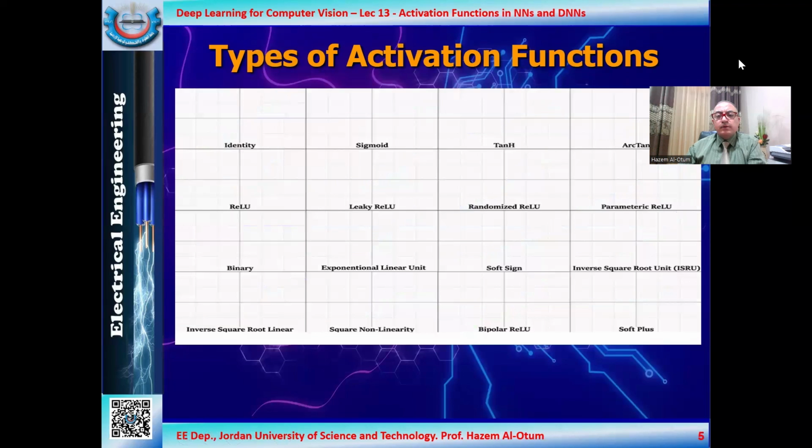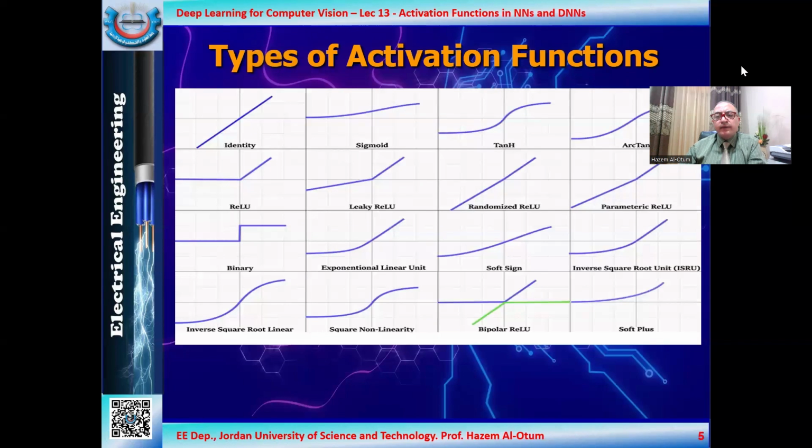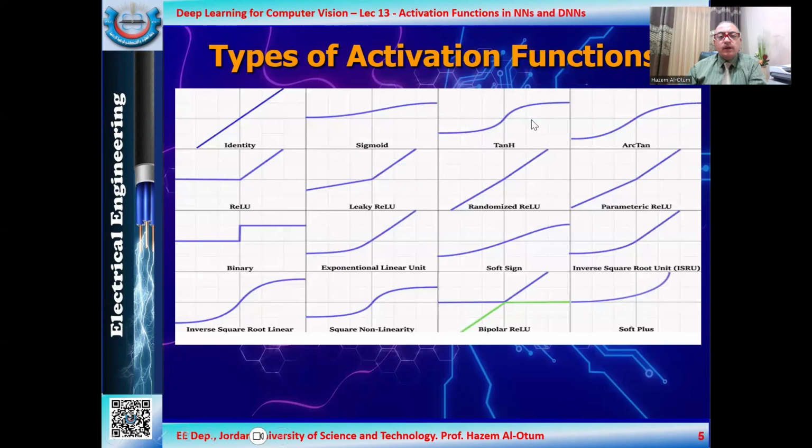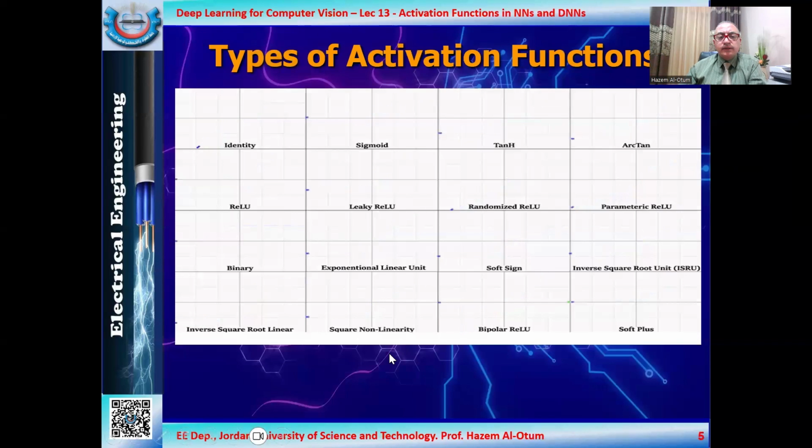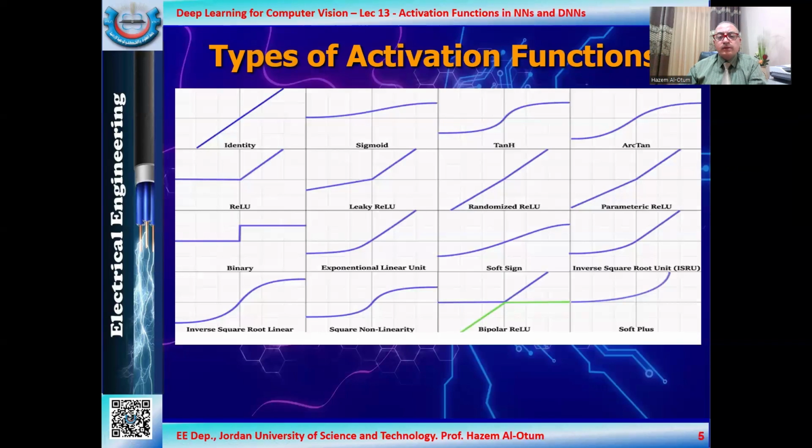What are the types of activation functions? In general, we may have a long list of activation functions. I have combined them in one slide here. We may have different types like identity, ReLU, sigmoid, softmax, parametric ReLU.